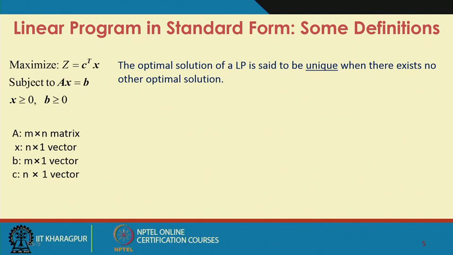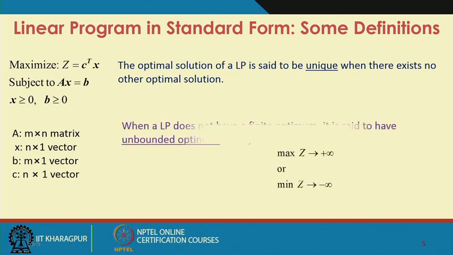The optimal solution of a LP or linear program is said to be unique when there exists no other optimal solution. So, there is only one optimal solution. When a linear program does not have a finite optimum, it is said to have unbounded optimum.